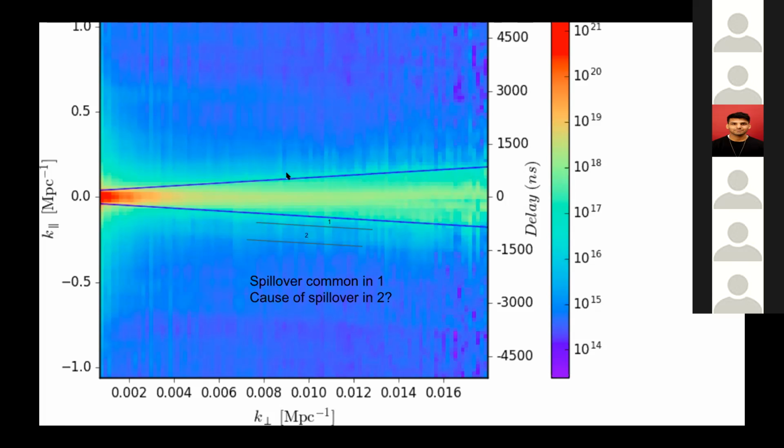There are reasons for that, including putting a window function on the FFT can cause that. Then there's a second level of spillover at a lower level, and both of these track the horizon line. They exist on both sides of the wedge, and at the moment we don't know what is causing that.